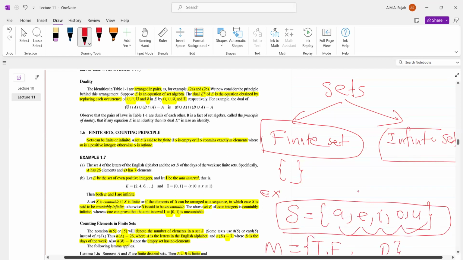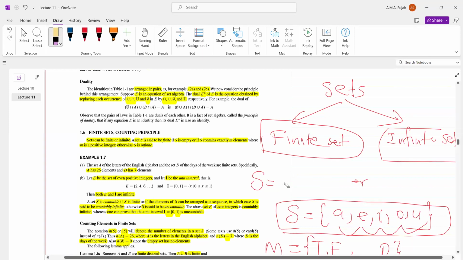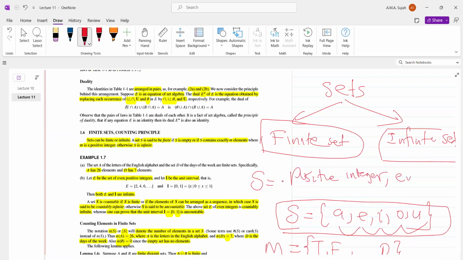Infinite set. Similarly, you are defining a null set, right? Let's say I'm telling a set: even positive integers between 1 and 2.